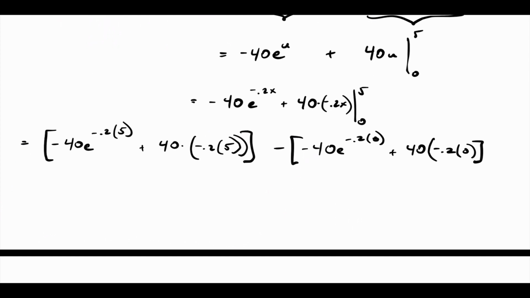So I get negative 40 e, negative 0.2 times 5. So in other words, negative 1/5 times 5 is just negative 1. Same thing there. So it's going to be negative 40 here, because negative 0.2 times 5 is negative 1 times 40 is negative 40.